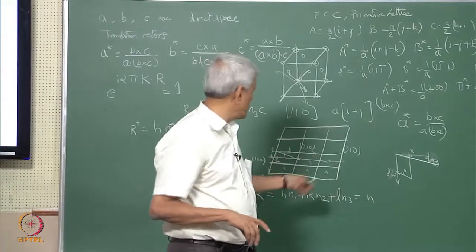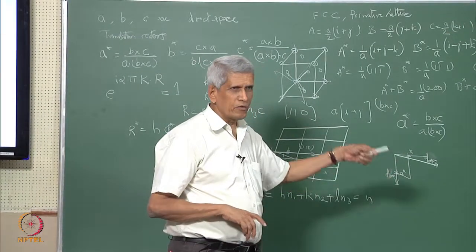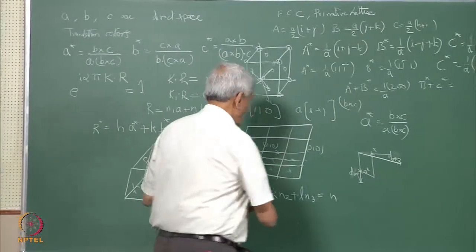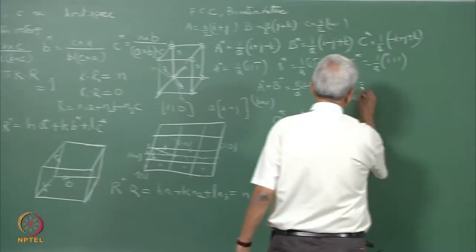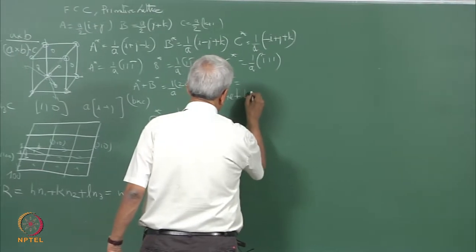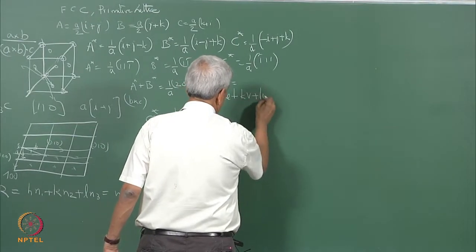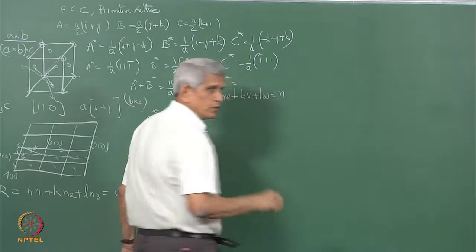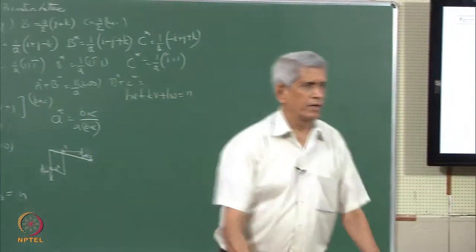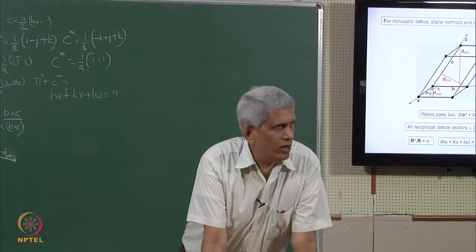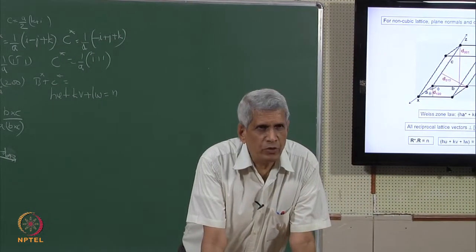Generally you find in the books that instead of n1, n2, n3, for the vectors we write UVW, then you write the formula HU plus KV plus LW equals N. When N equals 0, this is what is called the zone law, which you might have studied.